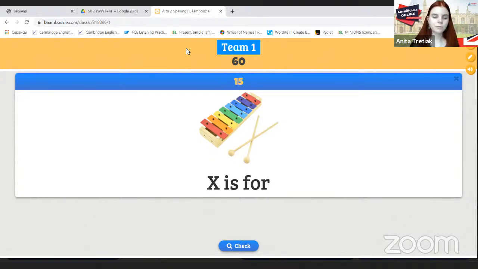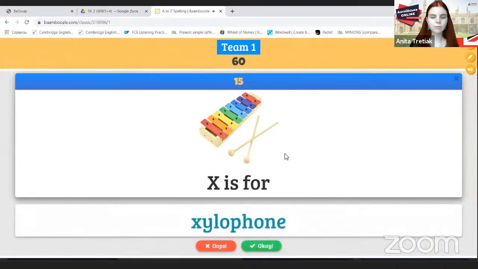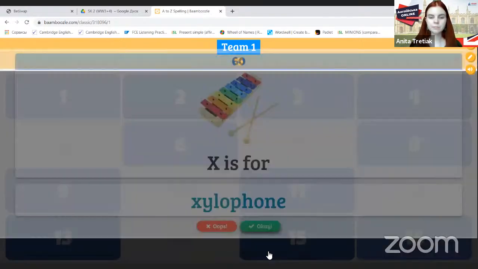So X is for xylophone. Yeah, this is like the instrument that when you just have these sticks and you just need to click on those colorful things.